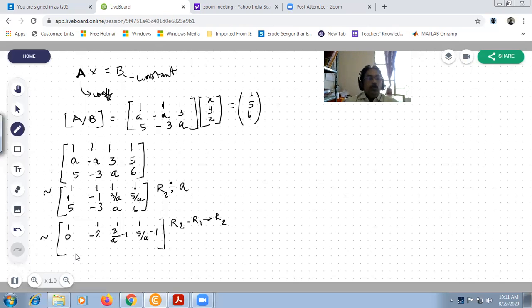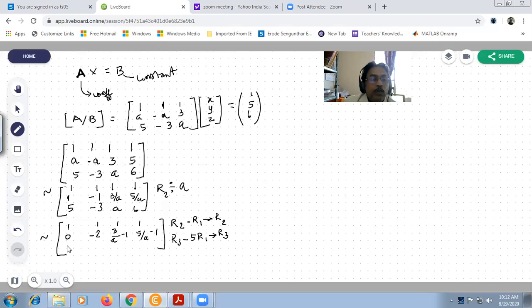Multiply R1 by 5. R3 minus 5 R1 gives R3.